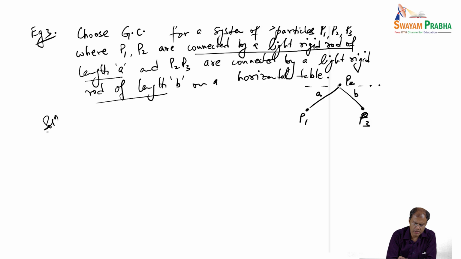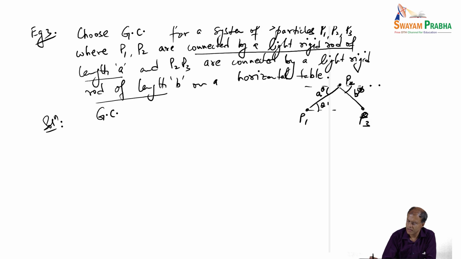So one could be the angle that the rod P1, P2 makes with the horizontal, the angle theta, and we could have the second angle which P2, P3 makes with the horizontal, phi, right?